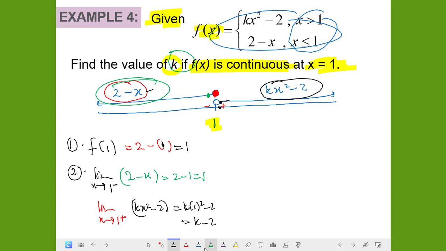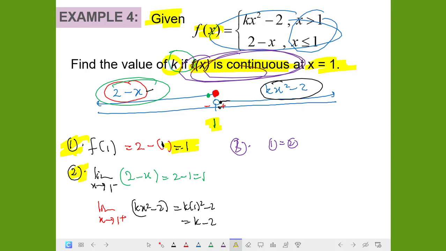And given f is continuous, the third condition is that number 1 is equal to number 2. Step 1 is equal to step 2.